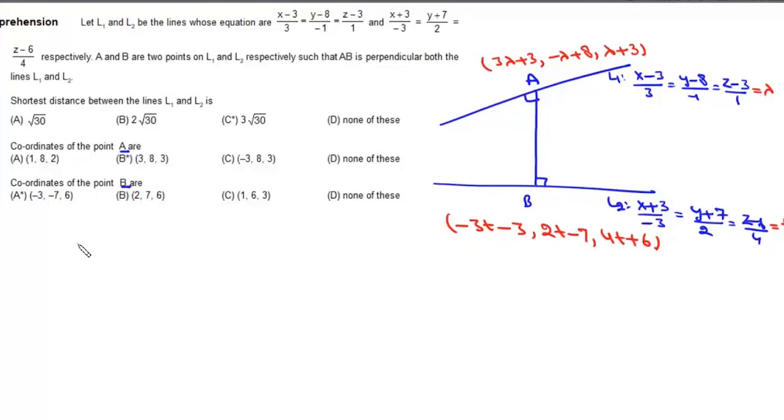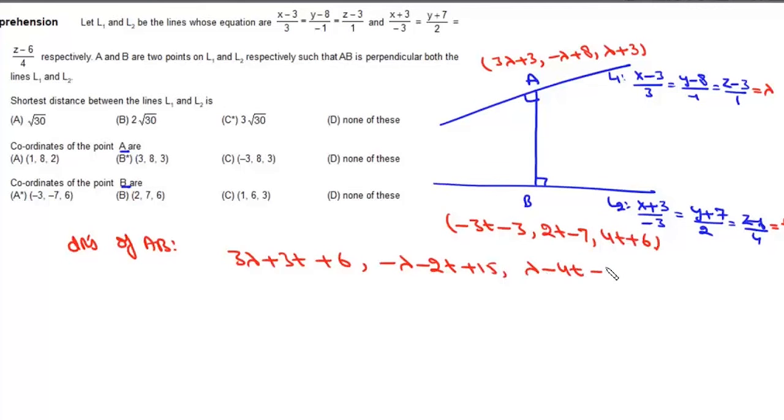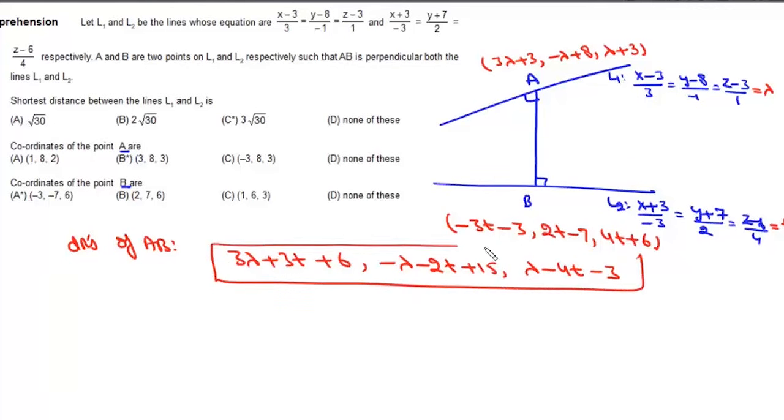Now we'll write the direction ratios of AB. The direction ratios of AB will be 3 lambda plus 3t plus 6, minus lambda minus 2t plus 15, and lambda minus 4t minus 3.